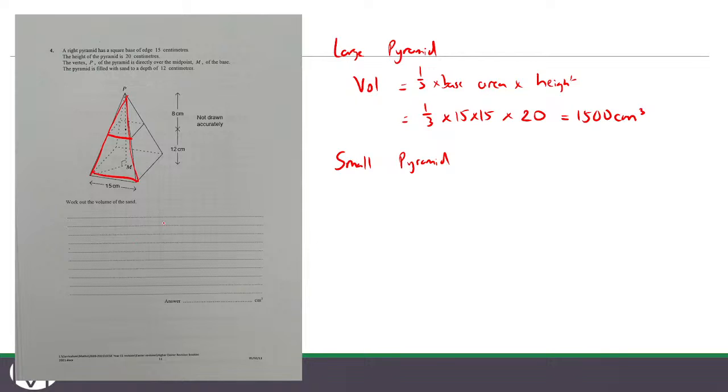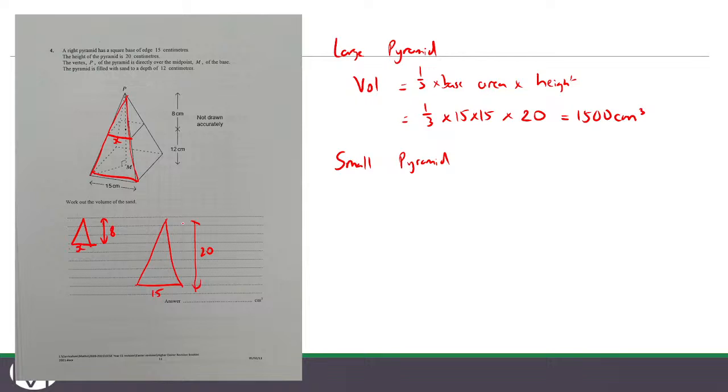If I draw them out individually, it will make a bit more sense. So there's the small one. Let's call this length x, and its height is 8. And then we've got this large triangle. We know that this is 15 and we know that this is 20.